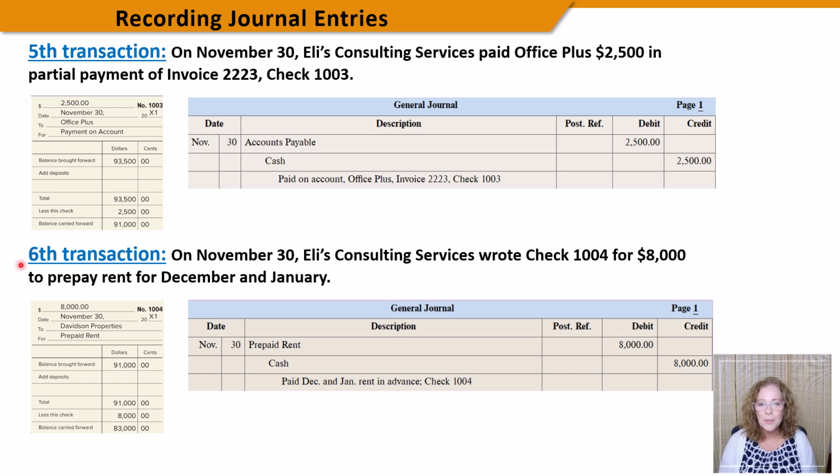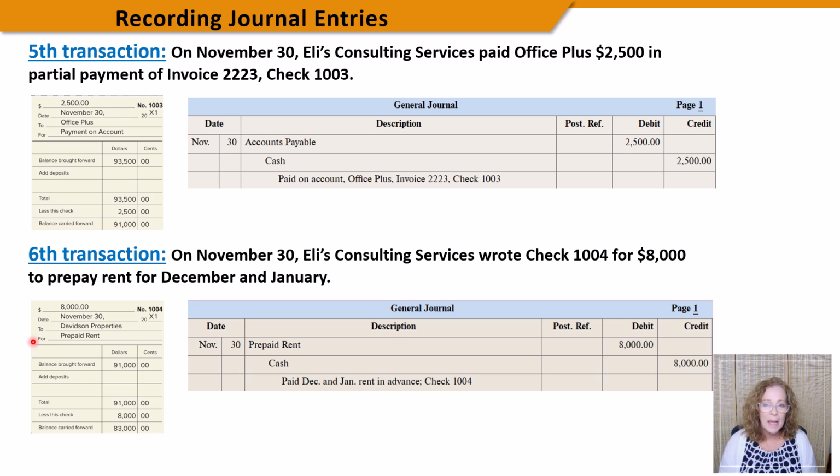Next, for our sixth transaction, Eli's Consulting Services wrote check 1004 for $8,000 to prepay rent for December and January. Again, this is not proper documentation. In this case, I would like to see the rental agreement and a copy of the check or other payment remittance.